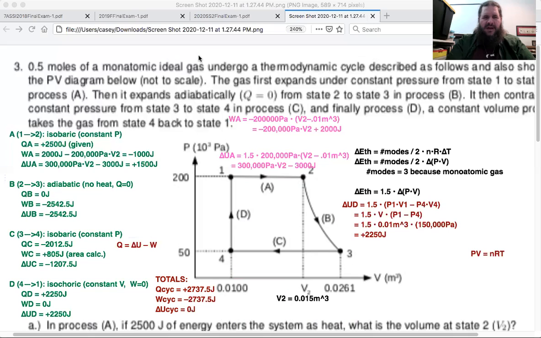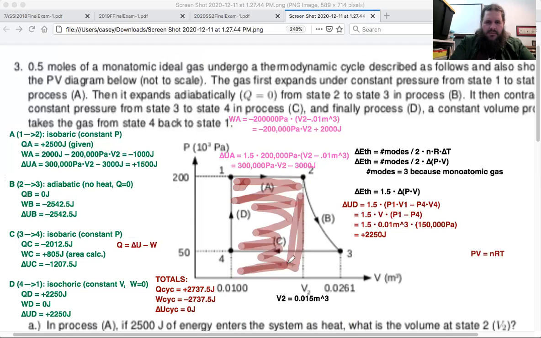If we're looking at area under the curve, we've got area under this curve. So that's the work done during process A. And then area under this curve, all the way down to the axis. That's the work done during process B.